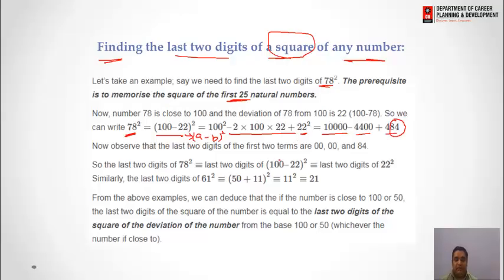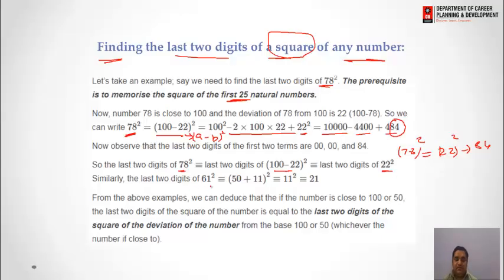It means what we need to understand is, if we need to find the last two digits of 78 square, which is equal to 100 minus 22 square, it has the same last two digits as 22 square. Either to find 78 square's last two digits or 22 square's last two digits, both give you the same answer as 84.